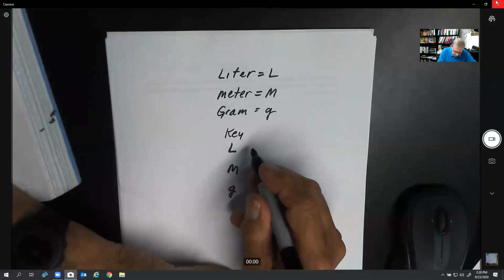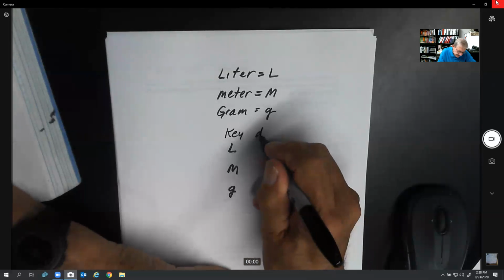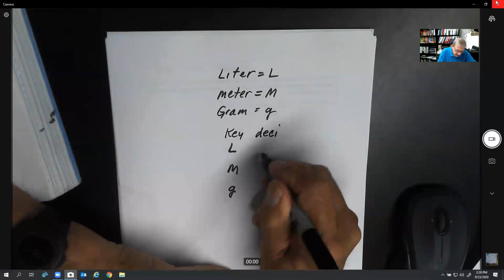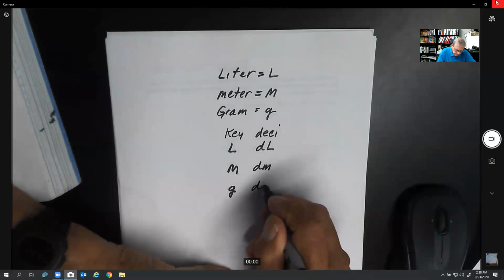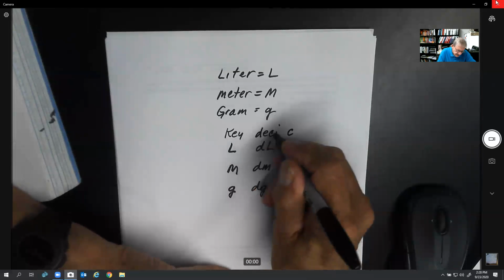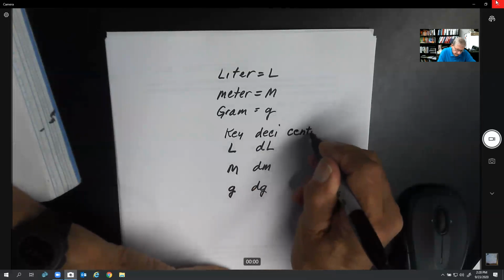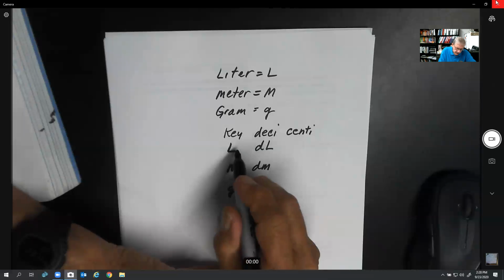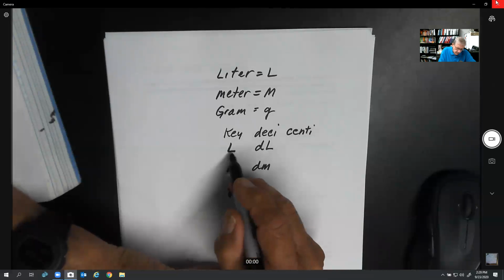Then to the right of that, the first thing we have is the prefix deci. This unit is a deciliter, decimeter, decigram. Next to that is centi. Deci means 10. Centi is 100, so it takes 100 centimeters or centiliters to make 1 liter.